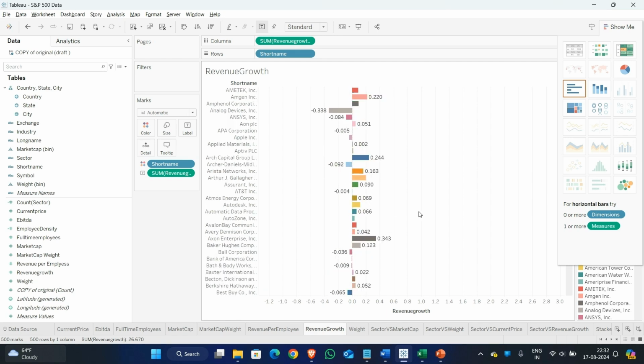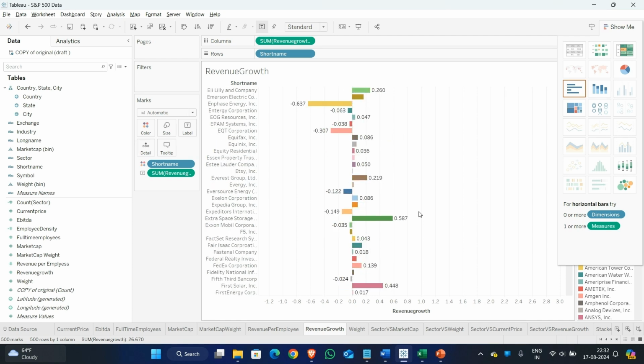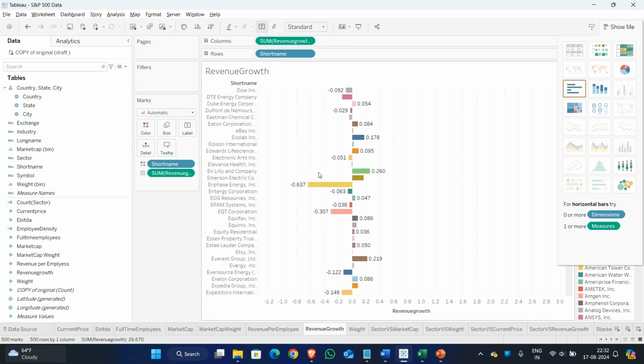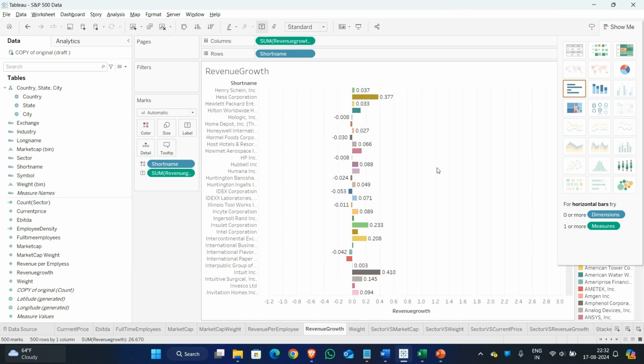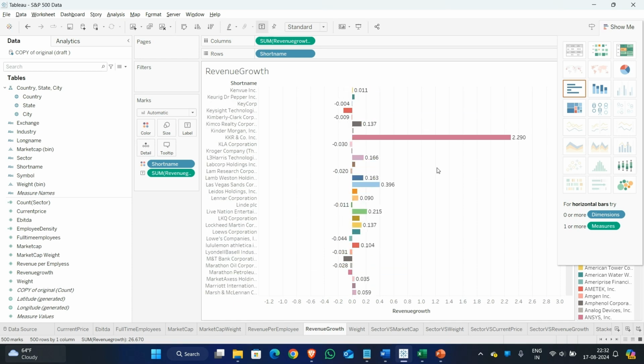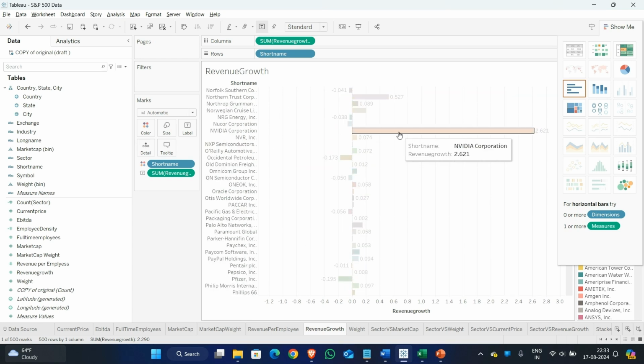From this graph, we can clearly depict which has the least growth and which has the maximum growth. Like from this graph, we can clearly say that KKR is dominating, and one more noticeable is Nvidia Corporation.